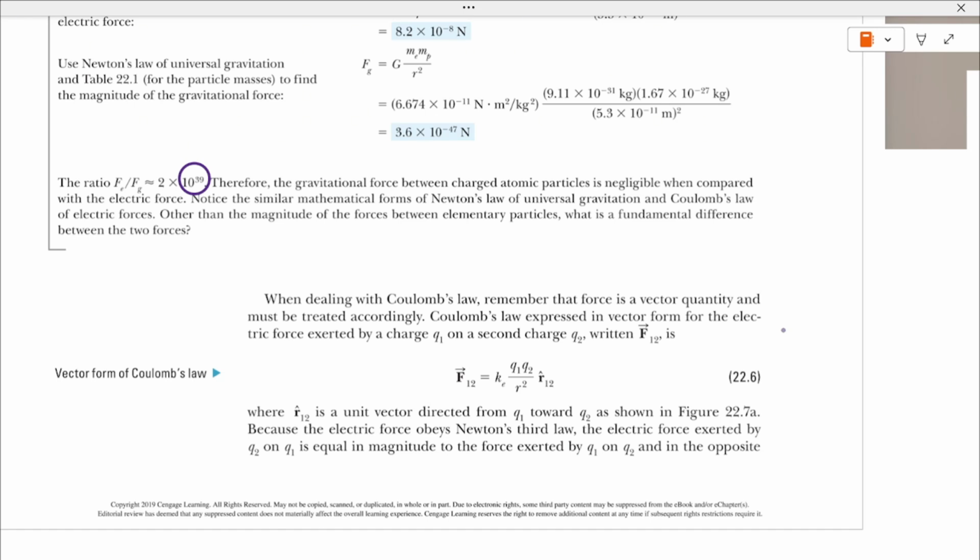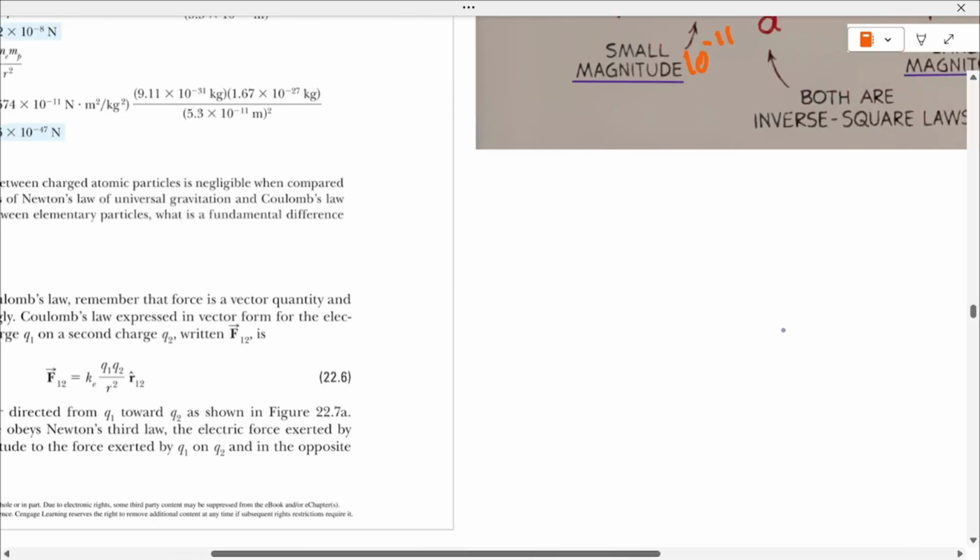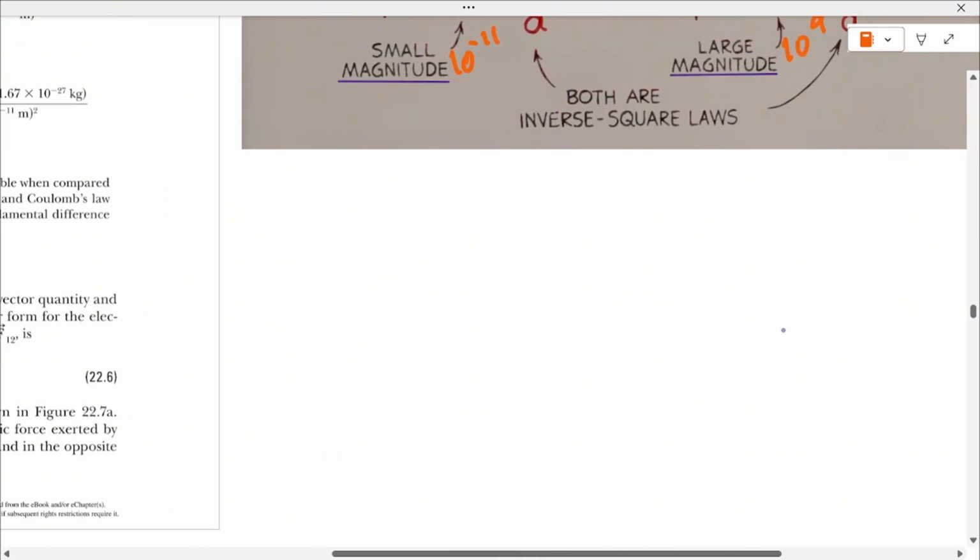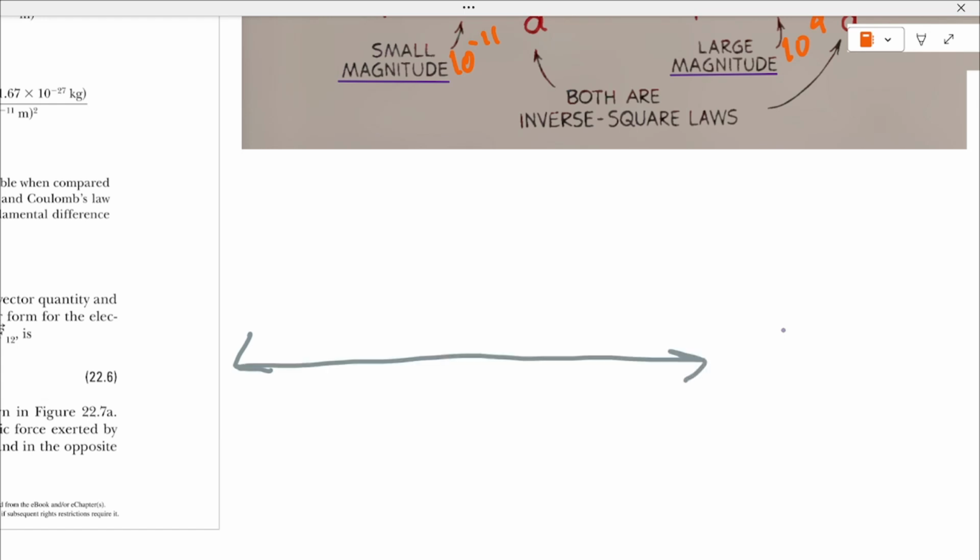Now when solving force law problems, I do not recommend using vectors and plugging in the positive or minus signs into the charges. I'll go through an example right now. Say we have three charges set up in a line.